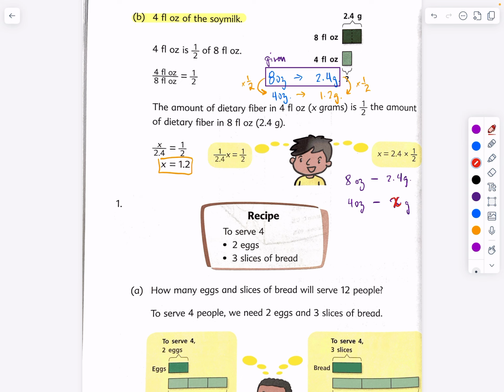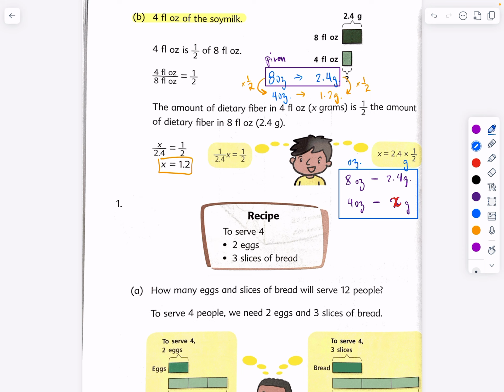How do we solve for X? Let me first put it in a box. This is very important. How do we solve for the missing quantity in a proportion? Notice that a proportion is made up of 4 quantities, 2 ratios tied together. We always list same quantities under each other: ounces of milk under ounces of milk, grams of fiber under grams of fiber. There are multiple ways to look at it.